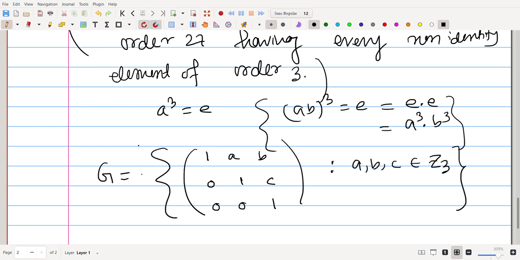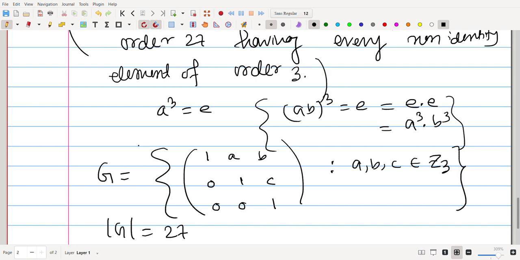You can show that this forms a group and every non-identity element has order 3. And its order is 27, right? Because the possible choices for A are 3, for B are 3, for C are 3. So G has 27 elements, and 3 divides 27 definitely.